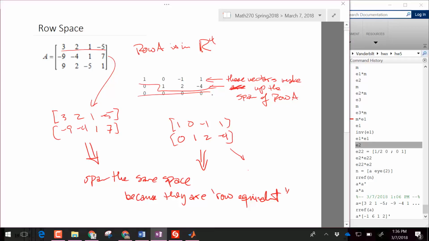We've eliminated one of those vectors, since this last vector is really a linear combination of the other two, which makes it dependent. And so we're left with only two linearly independent vectors. Okay?